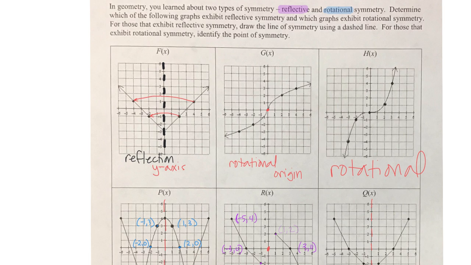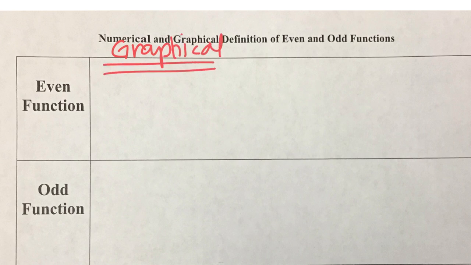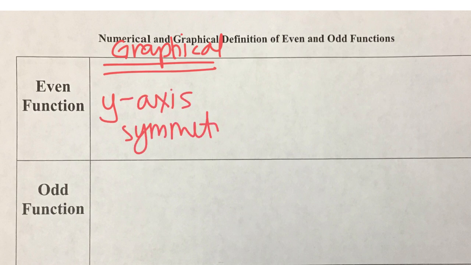What we're going to find is an even function has y-axis reflection, and odd functions have origin or rotational symmetry. So what can we say graphically about these even functions? What type of symmetry did they exhibit? Even functions have y-axis symmetry.